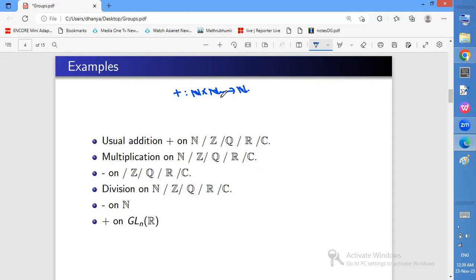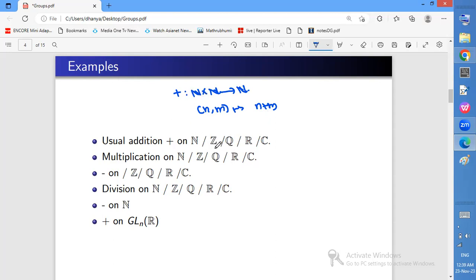But this is already clear, right? Because we know that for any pair of natural numbers n and m, their sum n plus m is again a natural number. So their sum is a well-defined number which is unique as well as belongs to the set N. So this defines a function from N cross N to N, which implies addition is a binary operation on the set of natural numbers.